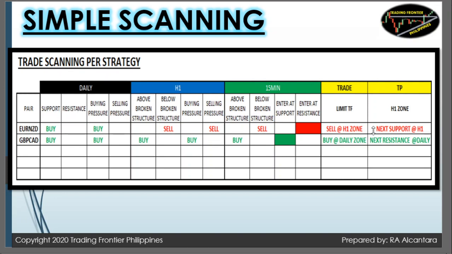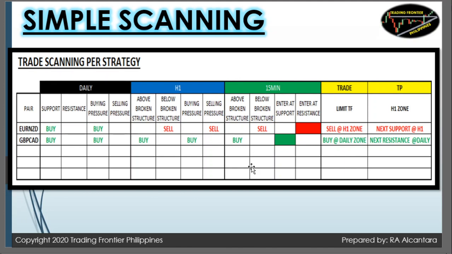All right. So we all know that in order to find an opportunity, you just have to tabulate your ideas on how to incorporate your strategy to the actual charts.